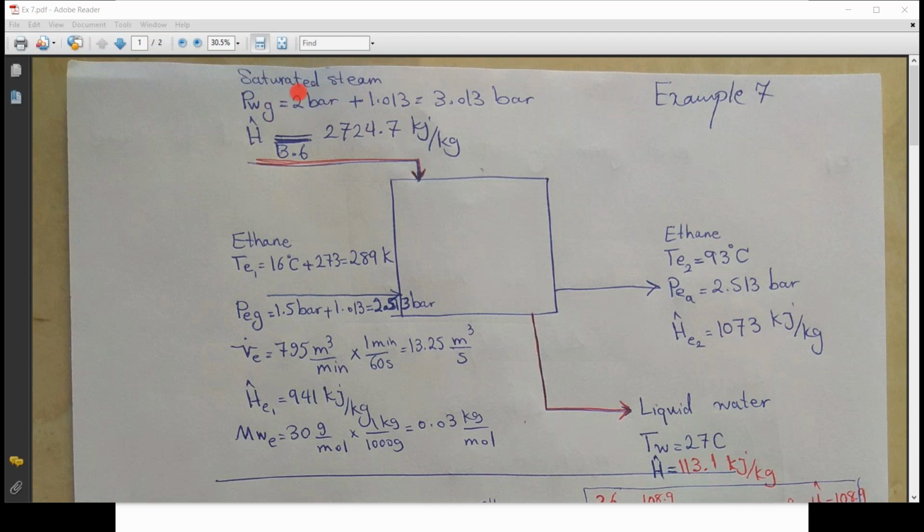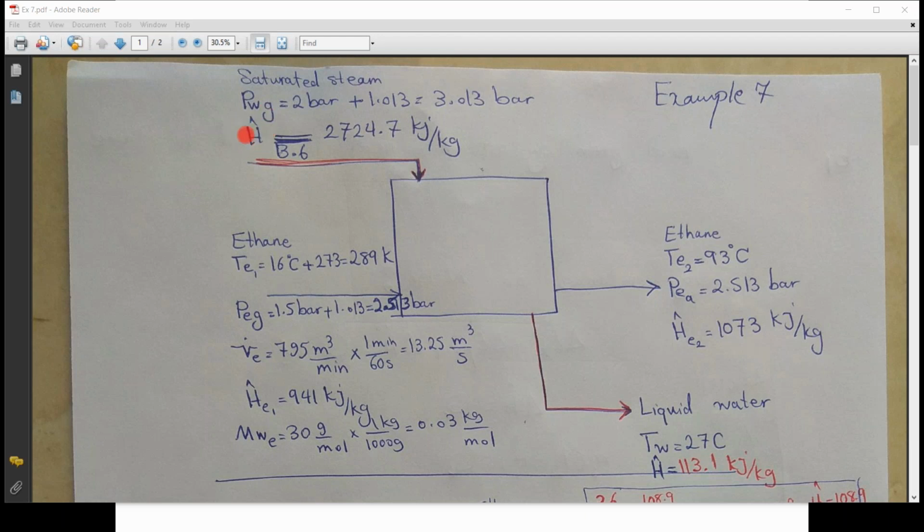You have to consider absolute pressure for your calculation. So I did the conversion from the gauge pressure to absolute pressure, right? I read a specific enthalpy, because you need a specific enthalpy for your energy balance calculation.